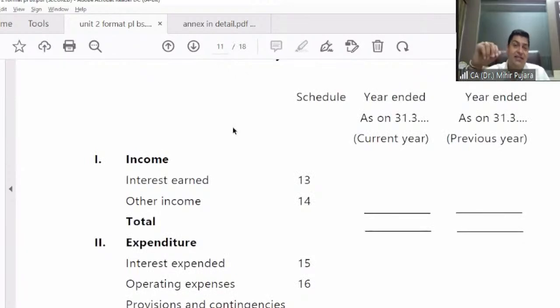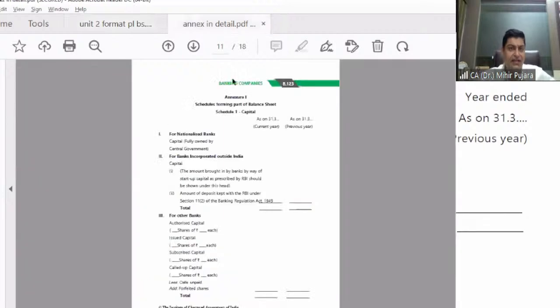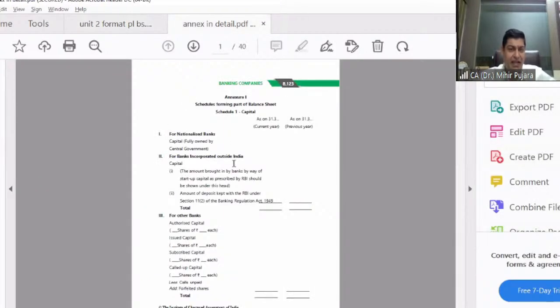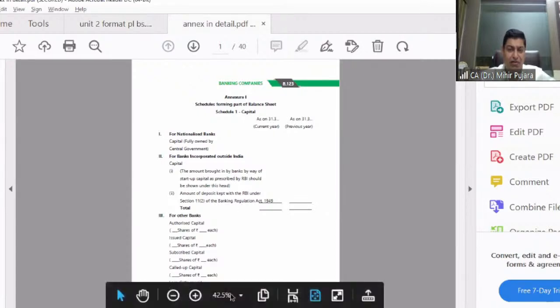Now, guys, we need to understand what is to be mentioned in schedules 13, 14, 15 and 16. This is on page number 8.123 onwards.